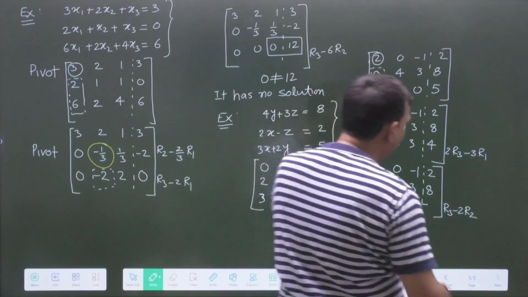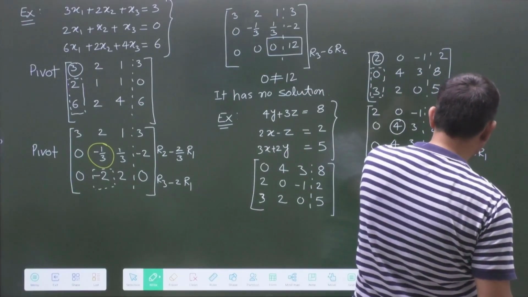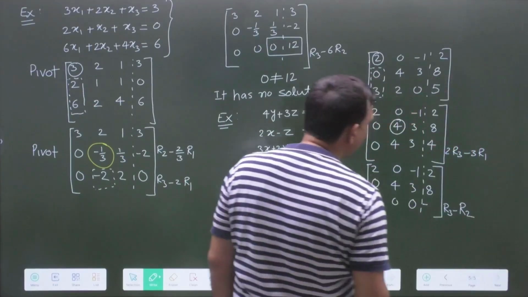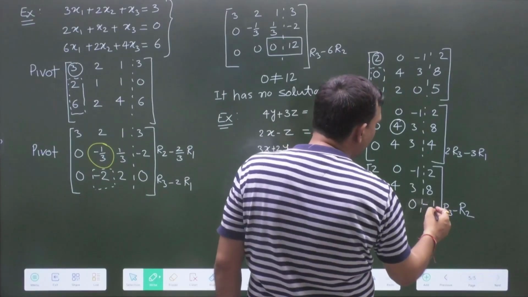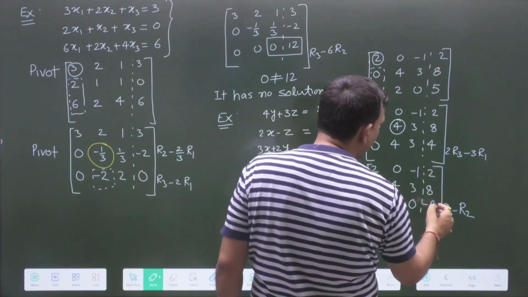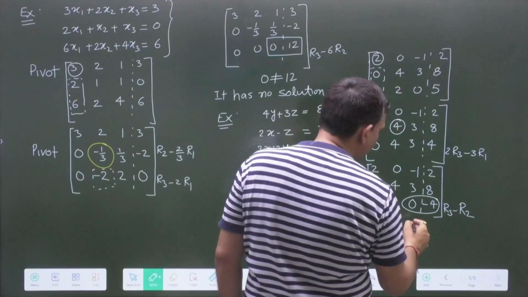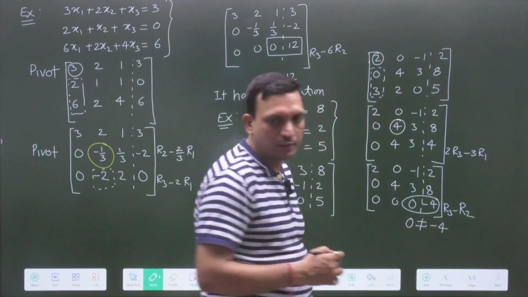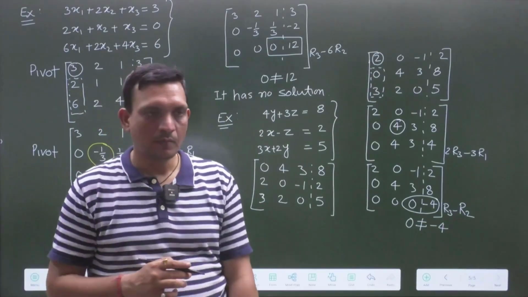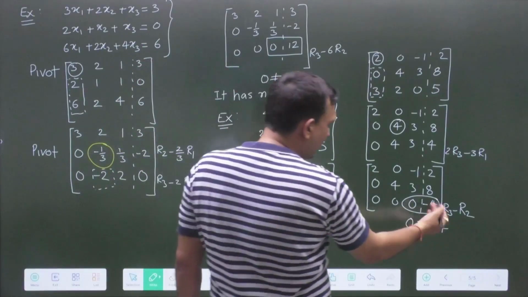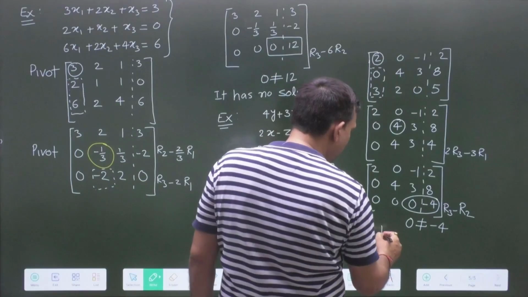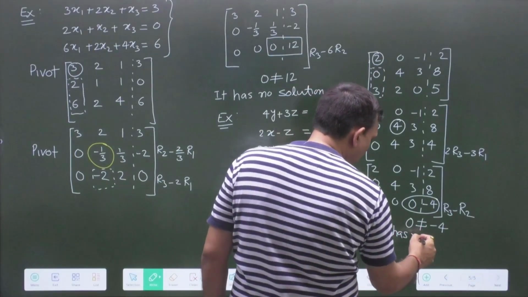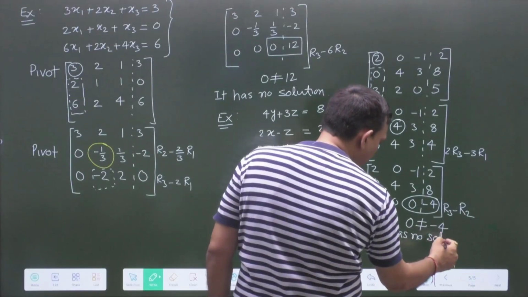So this will be 0, 0, 0, and minus 4. So again, you can see this condition. 0 is not equal to -4. So whenever this situation arises, we say that it has no solution.